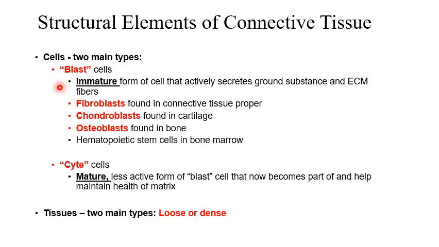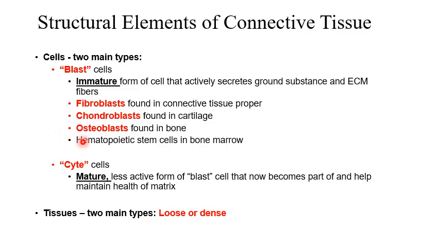So blasts are baby cells, B for blast, for baby. And what kinds of blasts do you have? You have blasts that make fibers, so those are your fibroblasts. You have blasts that will make cartilage, so those are your chondroblasts. Anything that has chondro, you think cartilage, right?